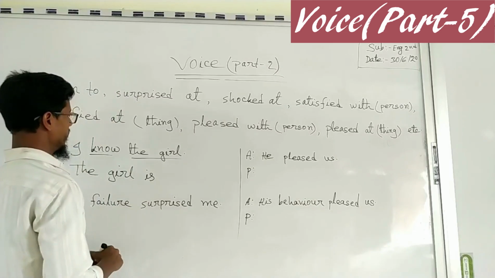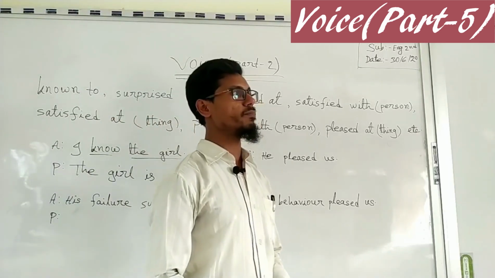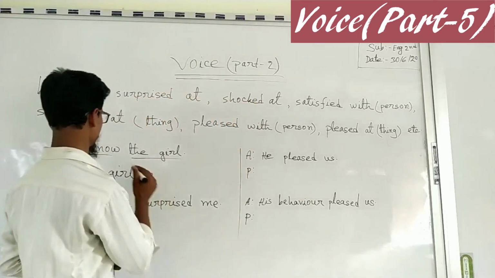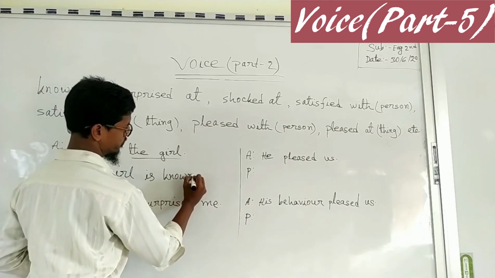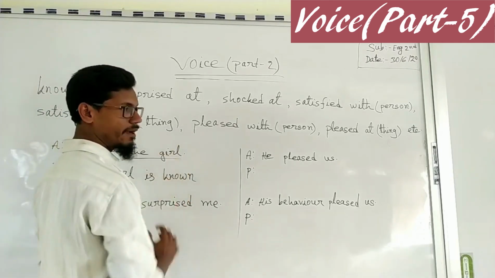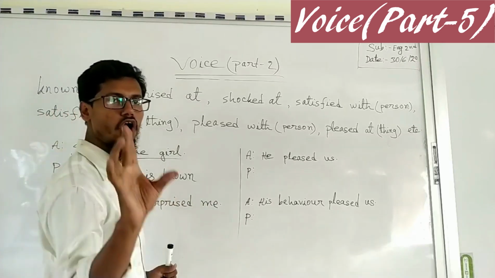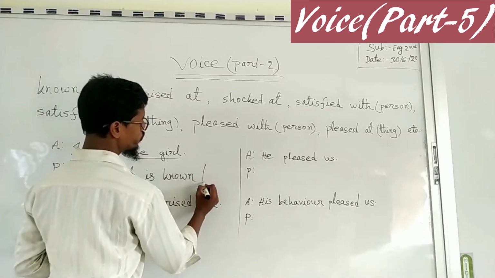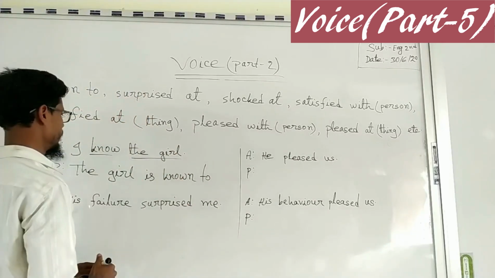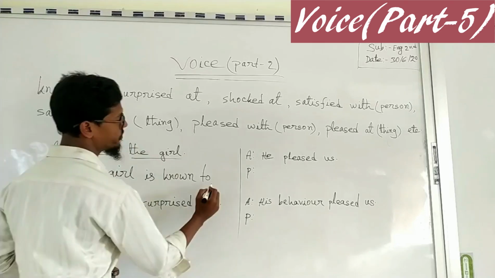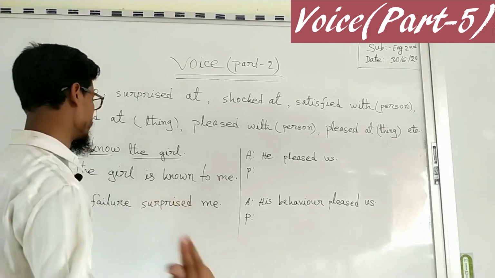Now PP, the past participle form of the main verb, has to be used: know, knew, known. Now I have to take a preposition. In this case, if I take by, it will be wrong. So known to will be the appropriate preposition. Known to, not by. Now the subject will be the object. Okay, done. I hope that you have understood the matter.